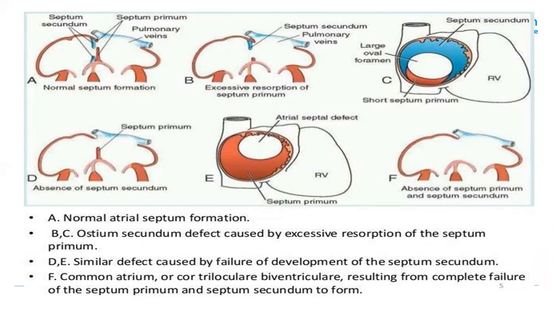In the second and third, there is a defect in the ostium secundum, and as you can see, it has not developed completely. In diagrams D and E, there is a failure of development of the septum secundum again. And in diagram F, there is a common atrium: both atria do not have any wall in between them.